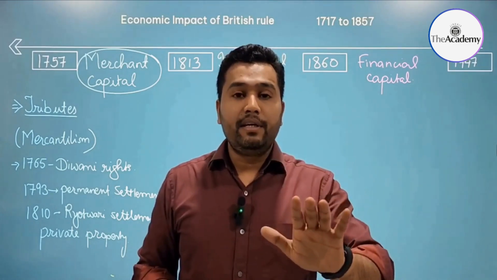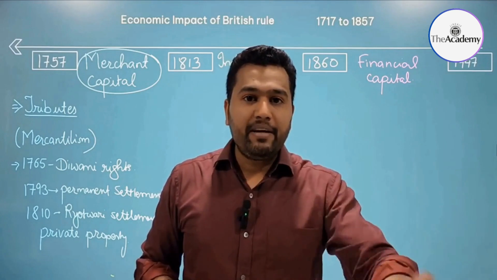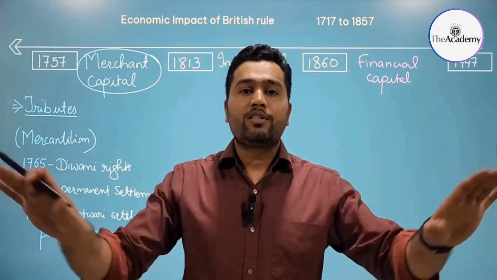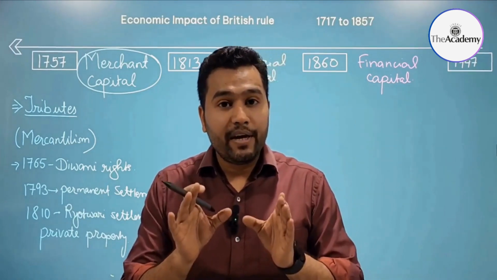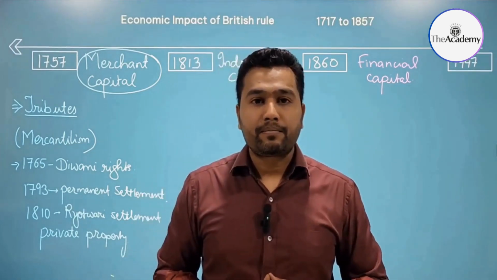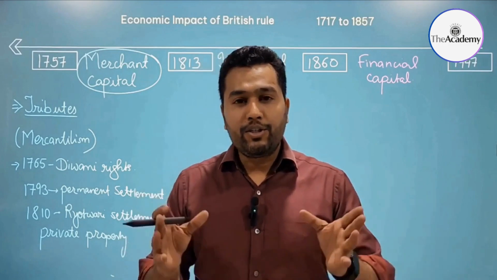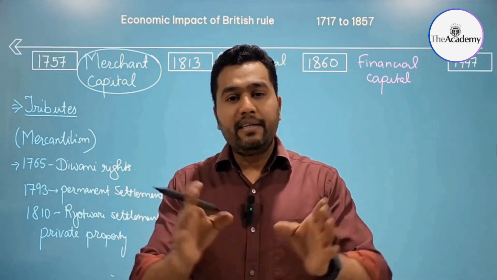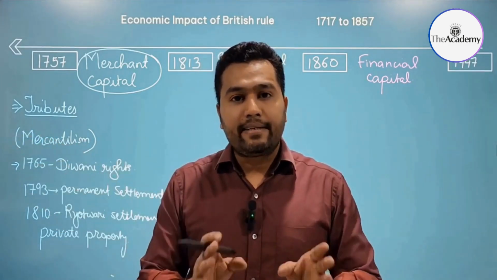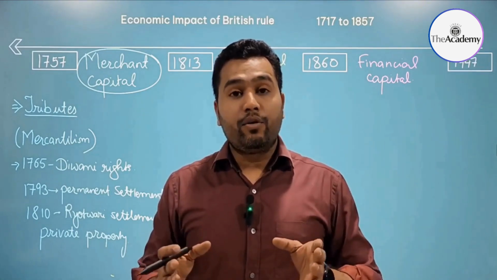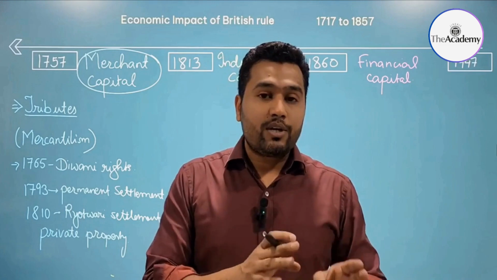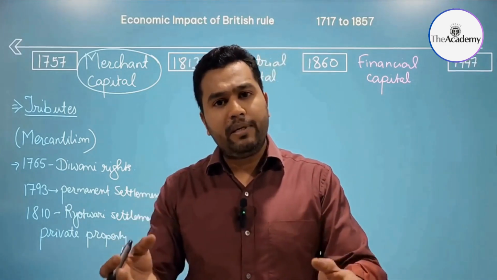So effectively, the peasant who was dependent on that land lost all customary rights. Land became a private property. The British claimed that the entire land belongs to the state, to the political entity, and therefore it was within their rights to transform land into a private property, and that was being done.